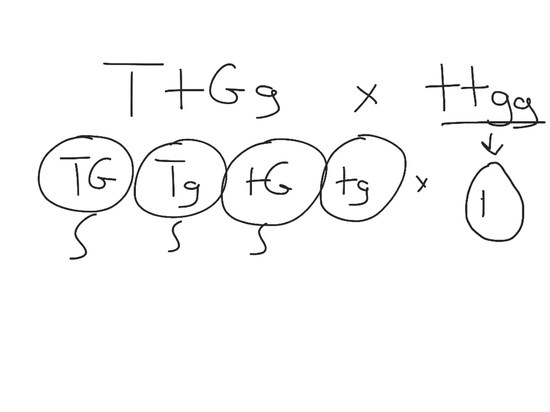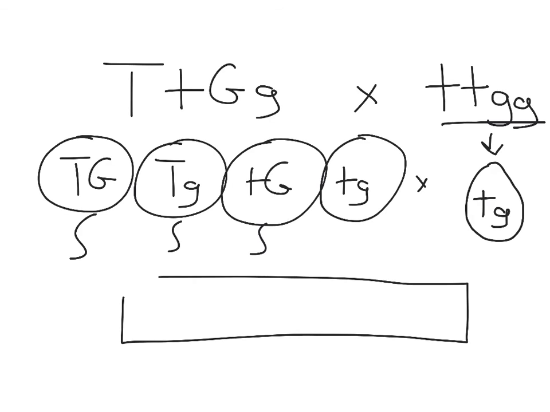So really, there's only one possibility for T. It has to be a little t. And now look at your G's. They're both small g's. Whether I pick the G on the left or the G on the right, either way, it's going to be a small g. So this Punnett square is actually a 4x1 Punnett square.